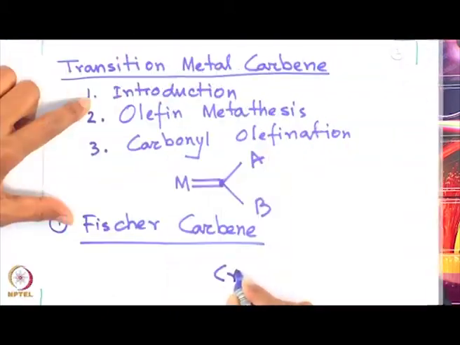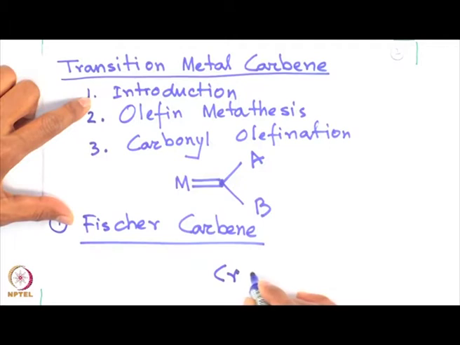So, with one example we will try to discuss their inherent properties and the type of ligand that is associated with the metal center. One example that you might want to remember for the Fischer carbene is the one where you have the chromium complex. Let us look at the characteristic features.